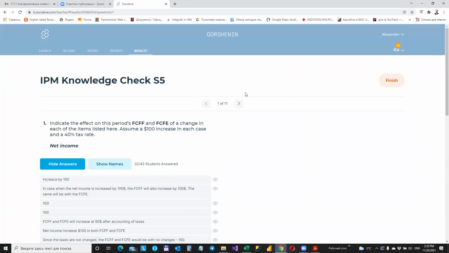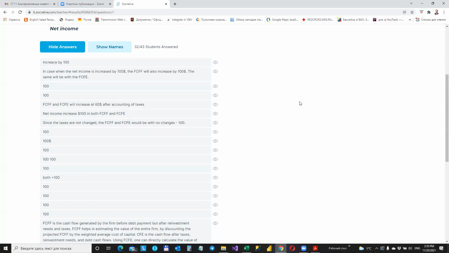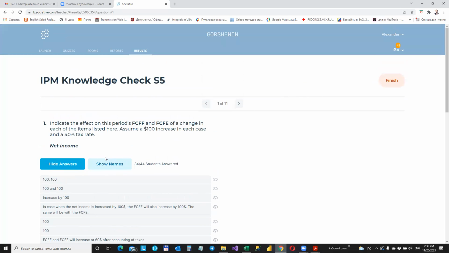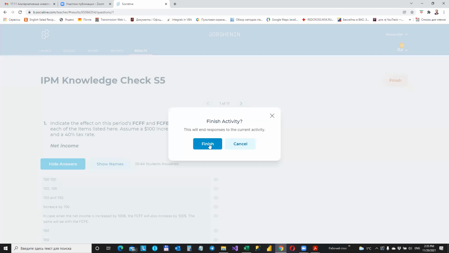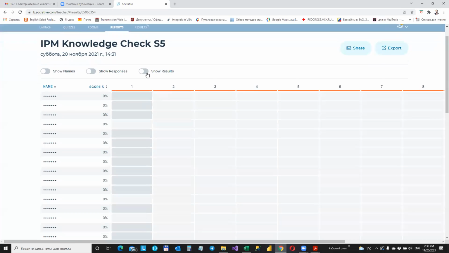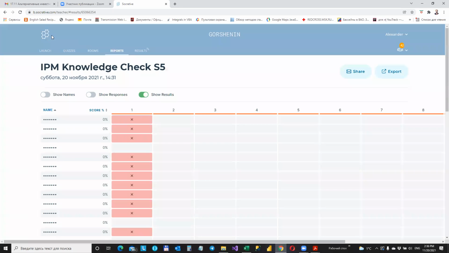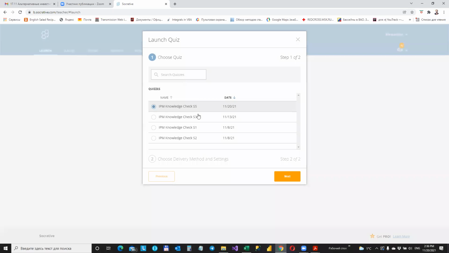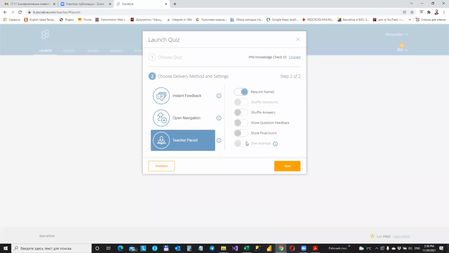Some reason it's not showing. Sorry. Yes, the correct answer, both will increase by 100, but let me check why it's not showing the answer. I will finish and relaunch the quiz, no problem. Probably I omitted the instant answer here.